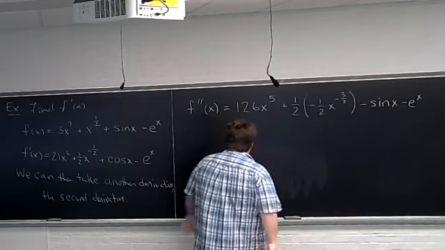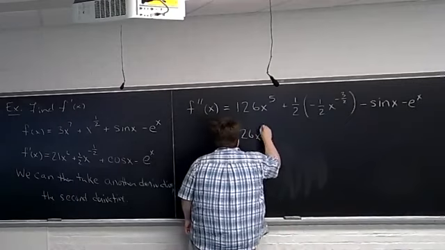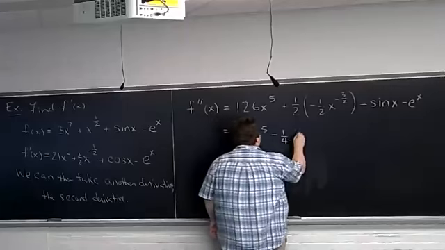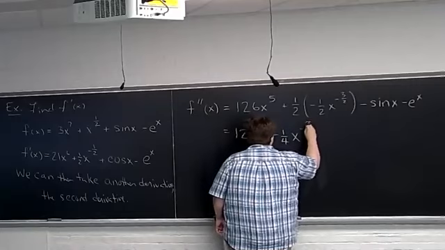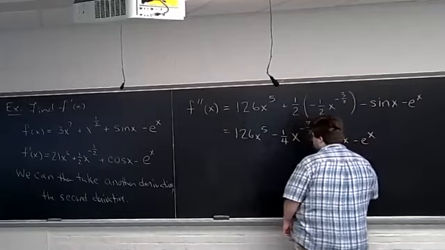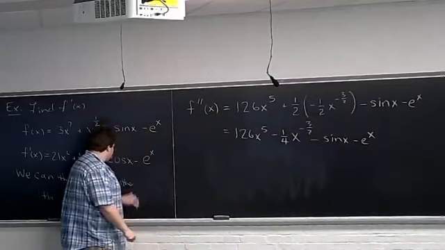I personally don't like having that 1/2 times 1/2, so I'm just going to combine the halves. 1/2 times 1/2 is 1/4, and there's negative x to the negative 3 halves, negative sine x. Any questions about that?